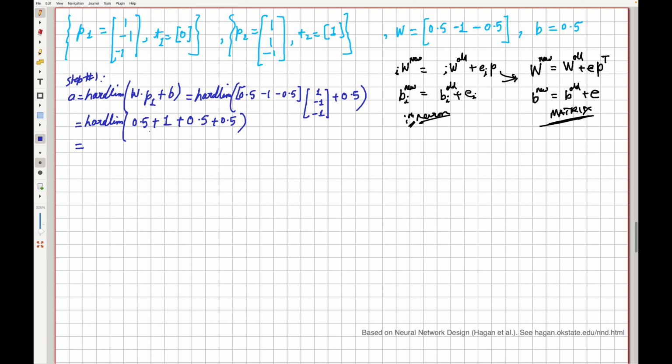This gets us a value which is positive, 1 plus 1 is 2, plus 0.5 is 2.5, so our a is 1. So what we are saying is that this particular weight matrix incorrectly classifies the data point P1 as class 1 when the target class is 0.